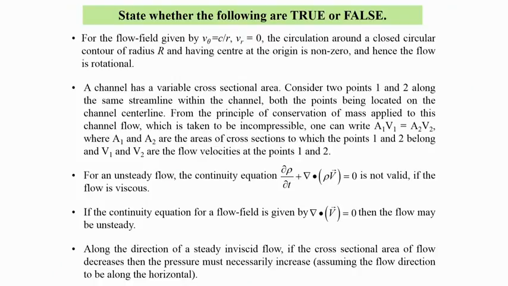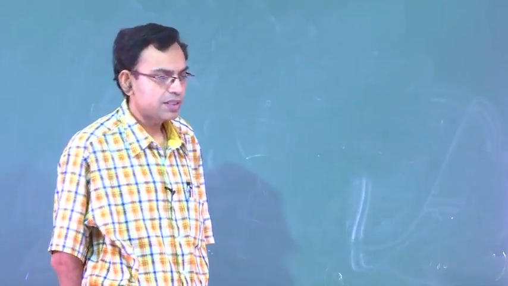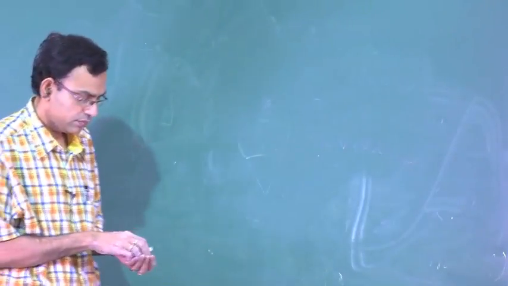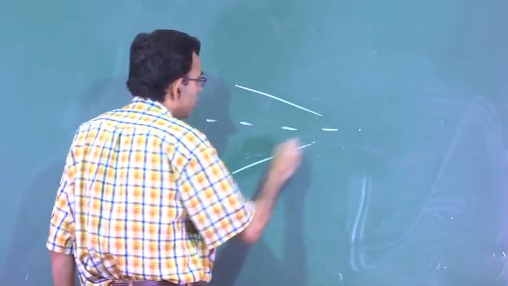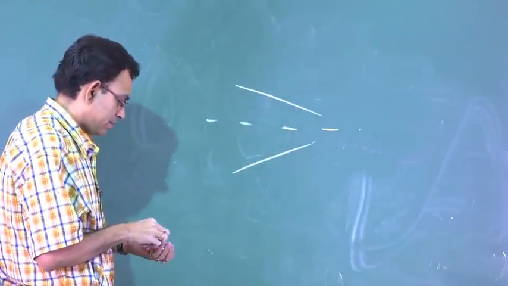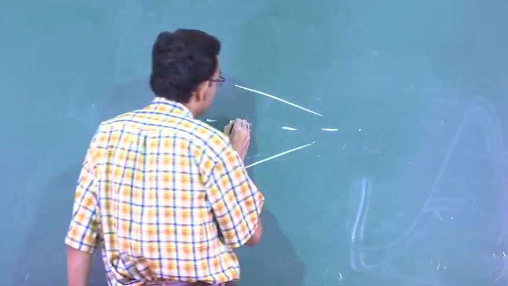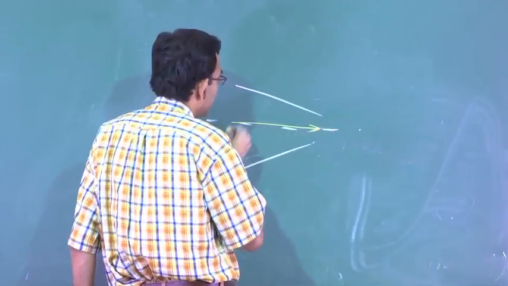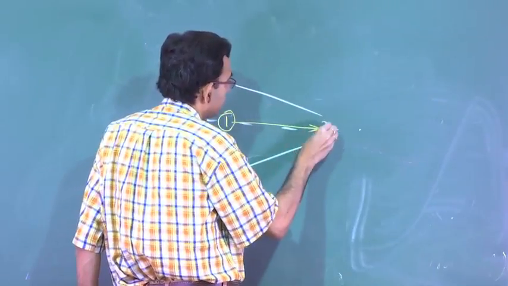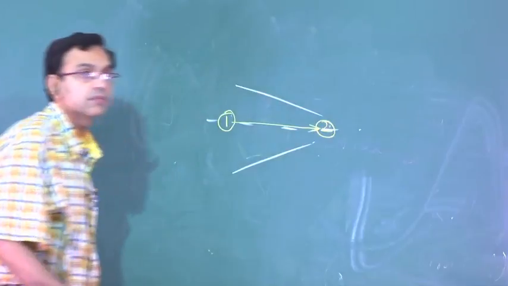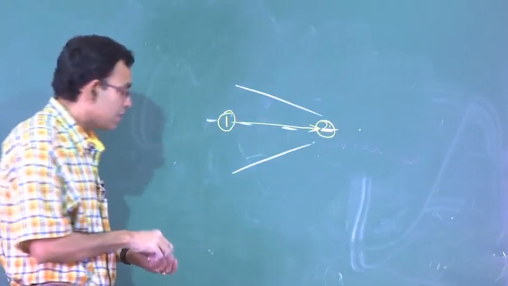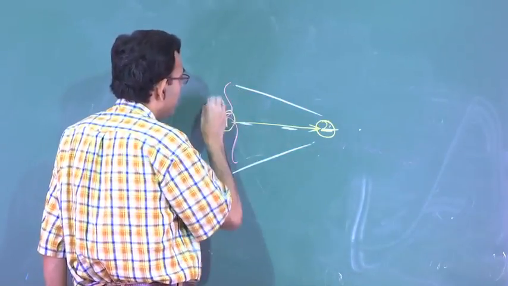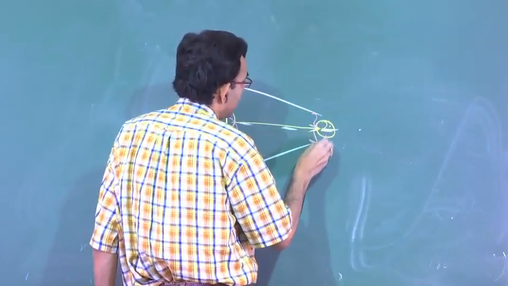So, now let me come to the board and explain the question. So, you have, let us say, a nozzle, just variable cross sectional area. So, I am giving this as an example. So, this is a streamline with points 1 and 2, and the area here is A1, the area here is A2.